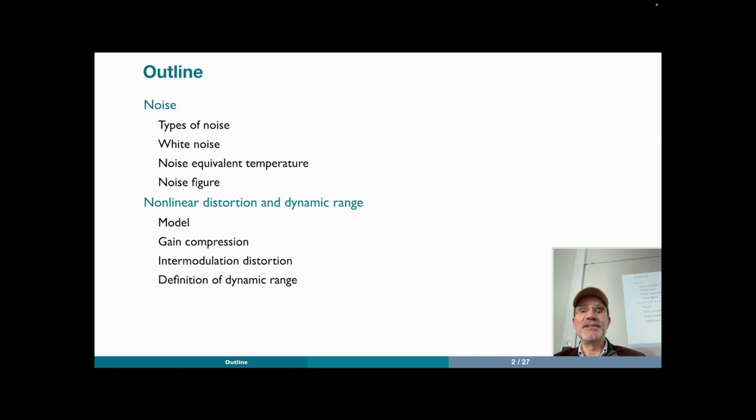We're going to define gain compression and intermodulation distortion, because these are the two parameters of a device that specify the nonlinearity of the device. And then, based on this, we also can define a dynamic range of operation of a device.